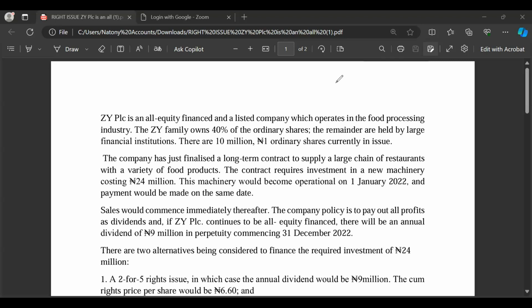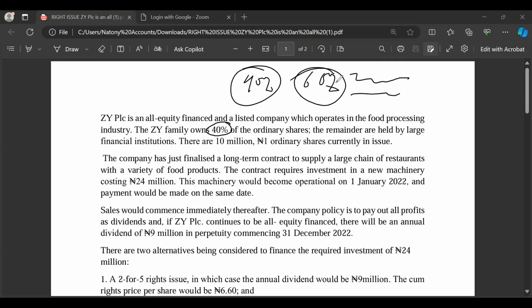So this family, if a particular family has 40%, so that means if it is only two groups of people that have the shares, they have 40, another have 60. We say they don't have control, but at least they have significant influence. But if this 60 is held by different sets of people, that means they will definitely have the majority shareholding in this company.